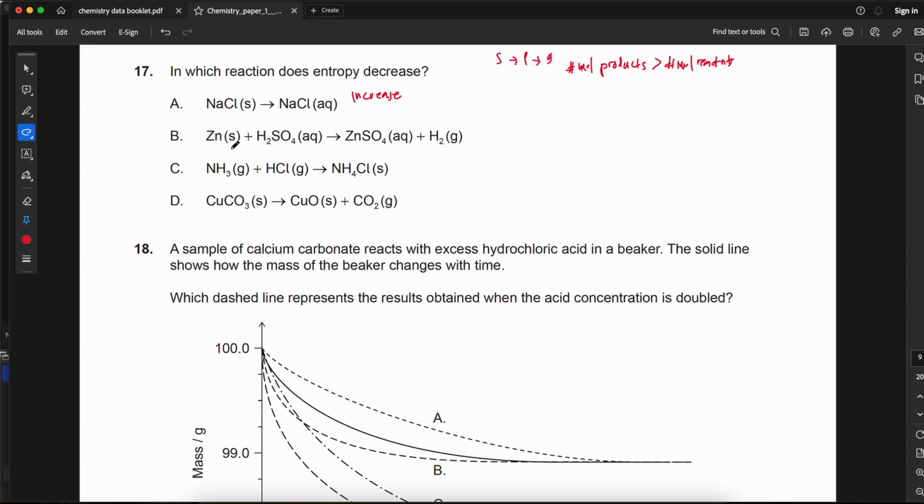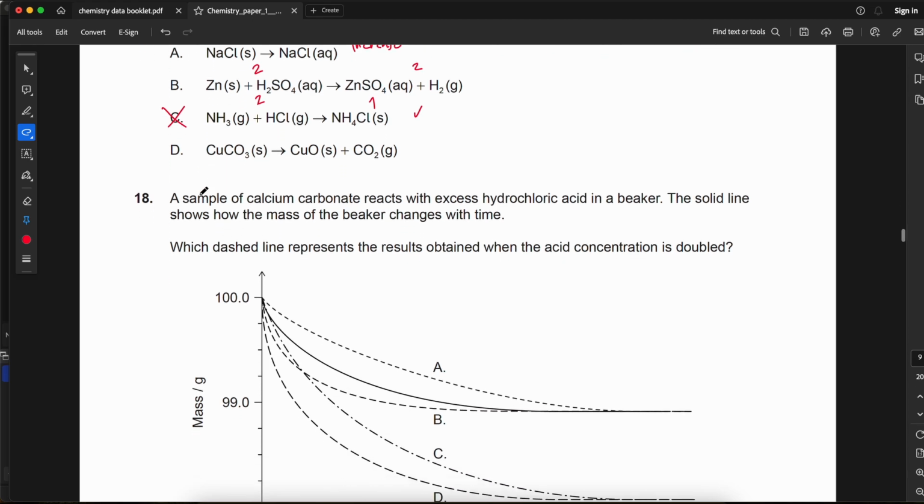And for this solid and aqueous, the number of moles is 2, 1 and 1, and then aqueous and gas also 2, so no change. And gas is 2 and solid is 1, so the number of moles of reactants is bigger than product, so it decreases, and gas to solid also decreases. And for this one, solid to gas, there is one gas, so it will increase. So that's why the answer is C.